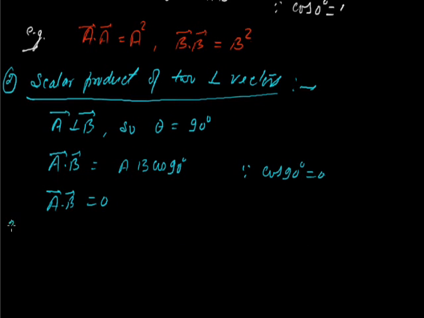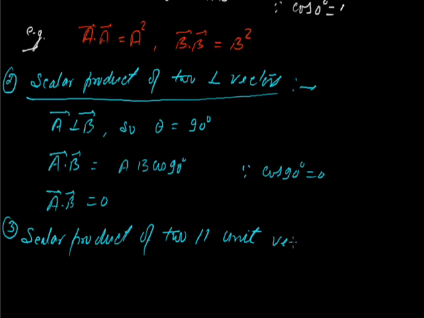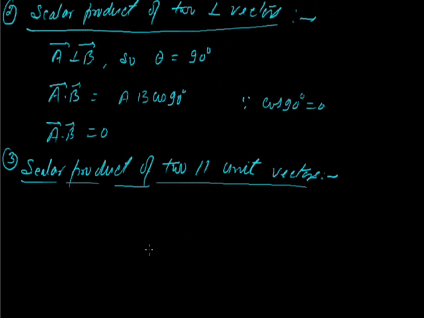Now the third case, scalar product of two parallel unit vectors. Generally we know unit vectors are i, j and k. So parallel unit vectors means we have to find the dot product of i and i.